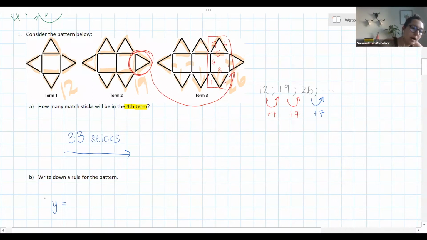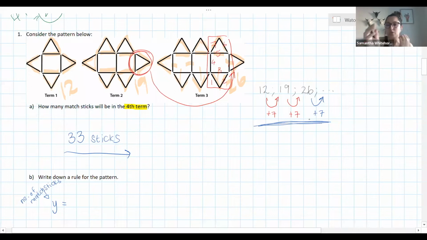Now, this y, and we're going to chat about variables today, so don't stress too much, in this case will be the number of matchsticks used to make the image. So if I want to find out how many matchsticks I'm using, what is the rule that I have? This is why knowing what we're adding or subtracting or doing each time is quite useful to us.